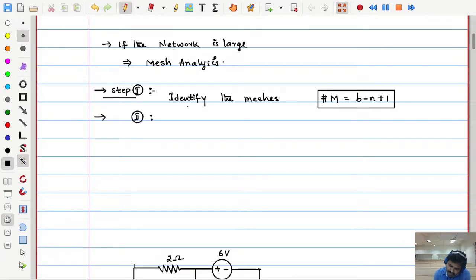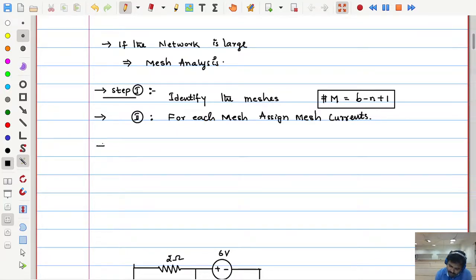Step 2 is, for each mesh, assign mesh currents.